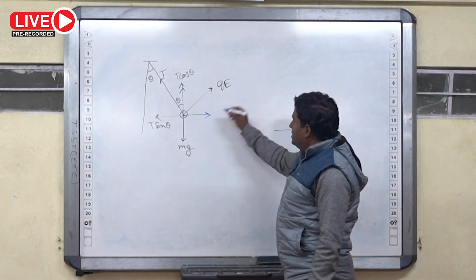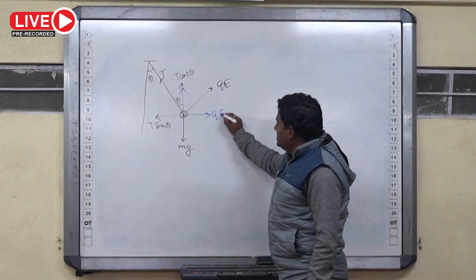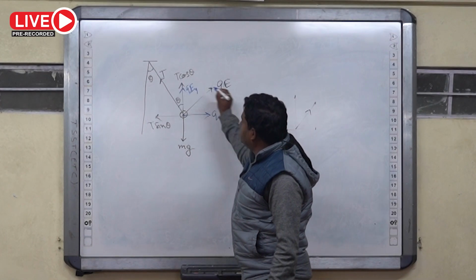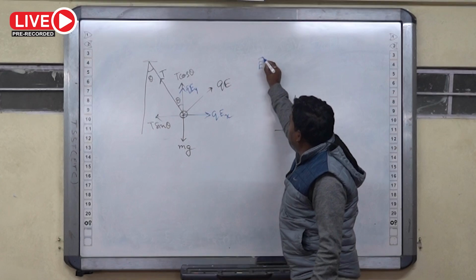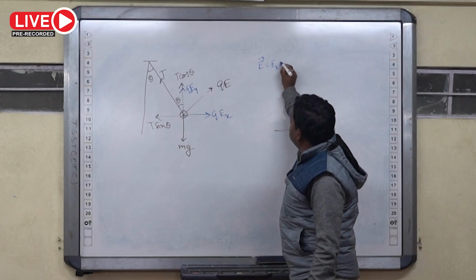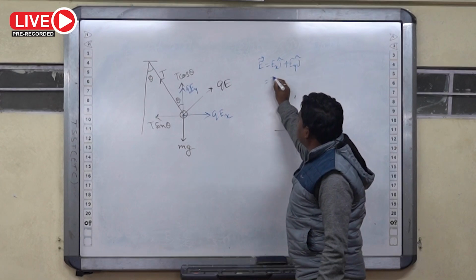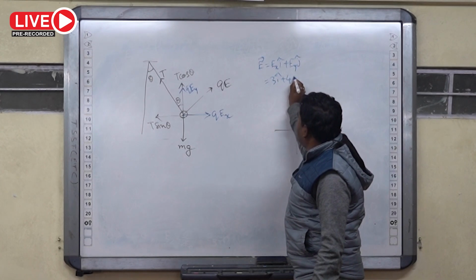Then what we will do? We will write its components, Q into Ex, and this one is Q into Ey. E is given in this format, Ex i cap plus Ey j cap, where this is 3i cap plus 4j cap.